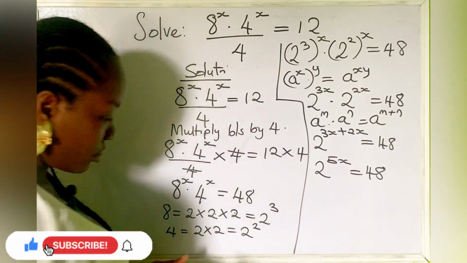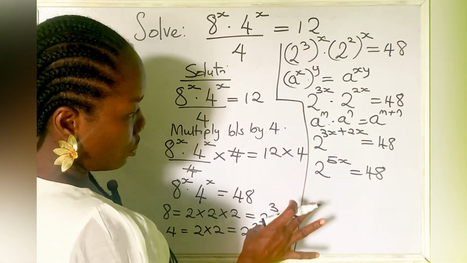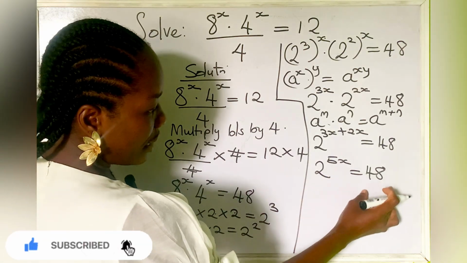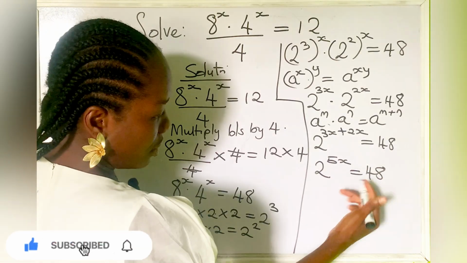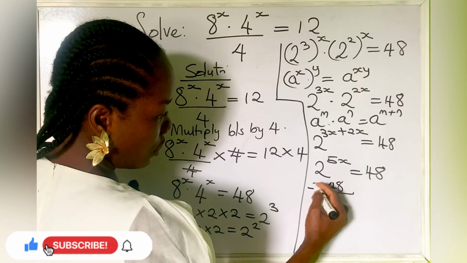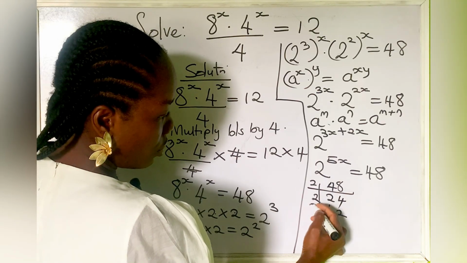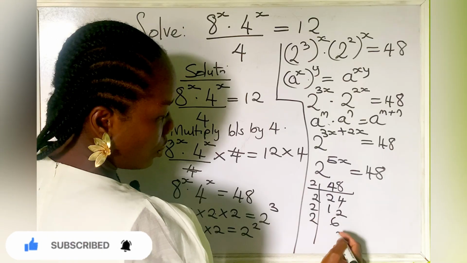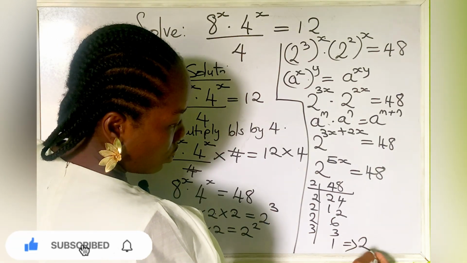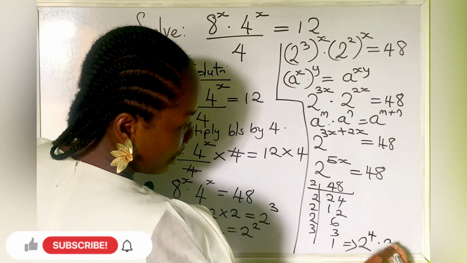Now, I want us to solve this using two methods. The first method is to break down this 48 into its factors. 48 divided by 2 gives 24, then 12, then 6, then 3, and then 1. That is going to give us 2 to the power of 4, multiplied by 3.